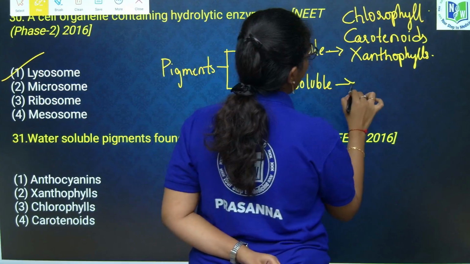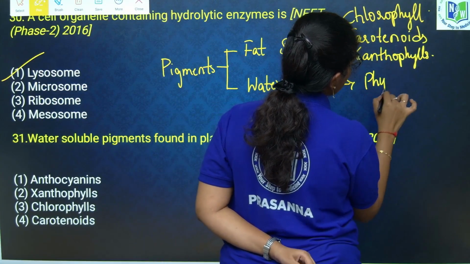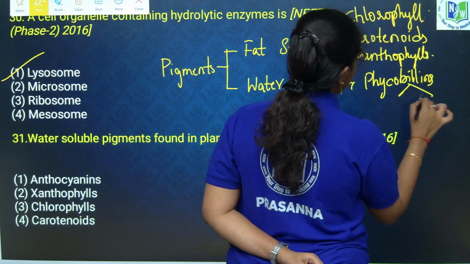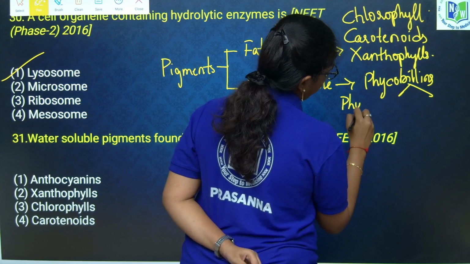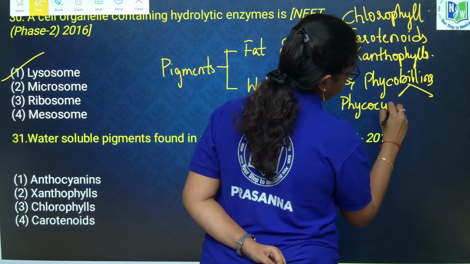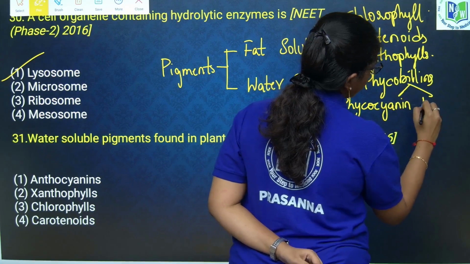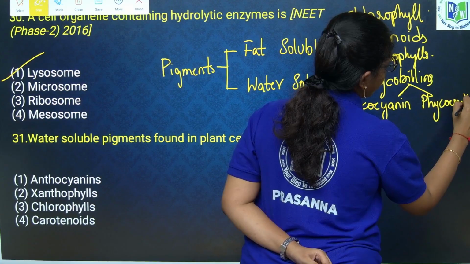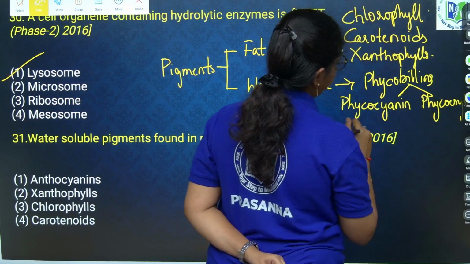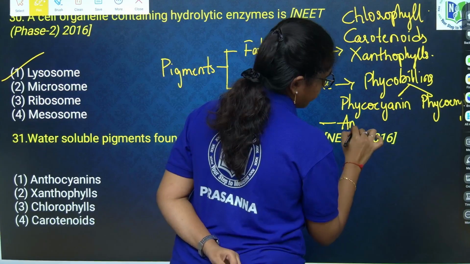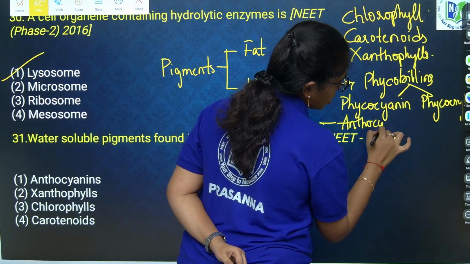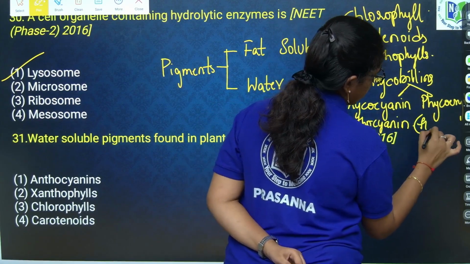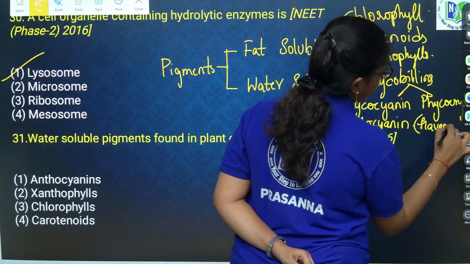Water soluble are phycobilins, for example, phycocyanin and phycoerythrin, and anthocyanin. These are flavonoid derivatives.